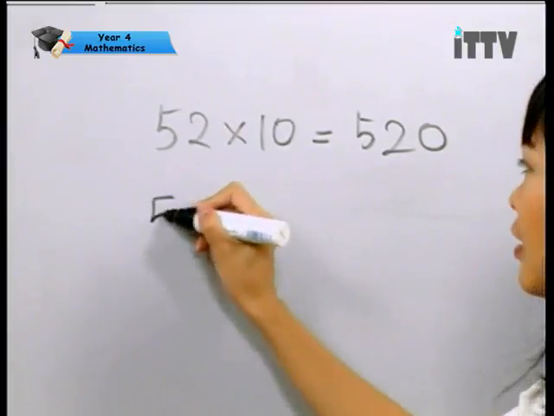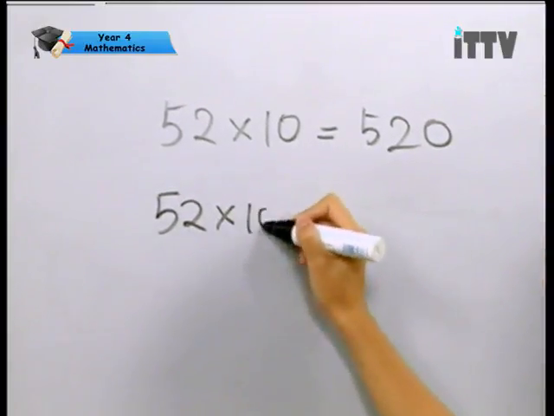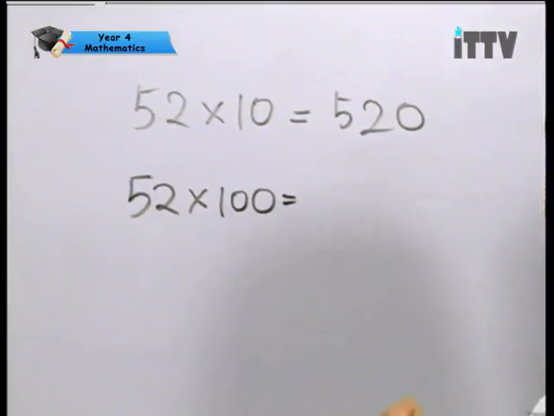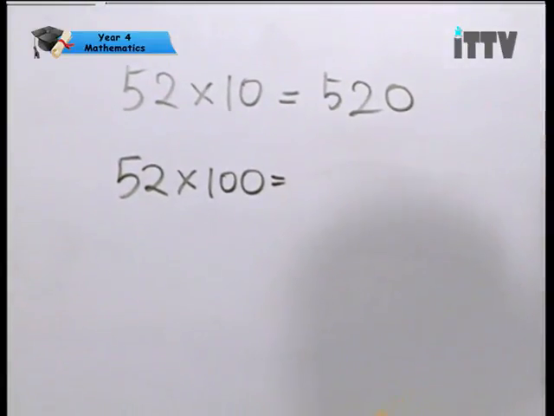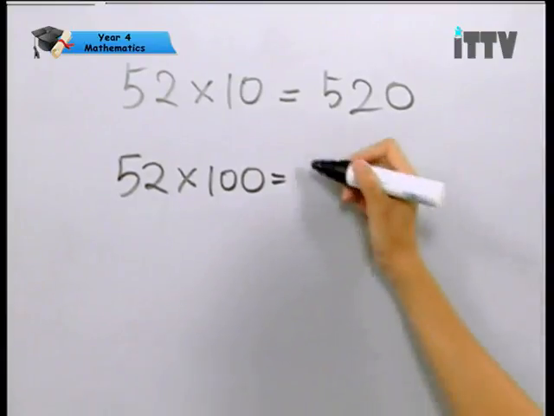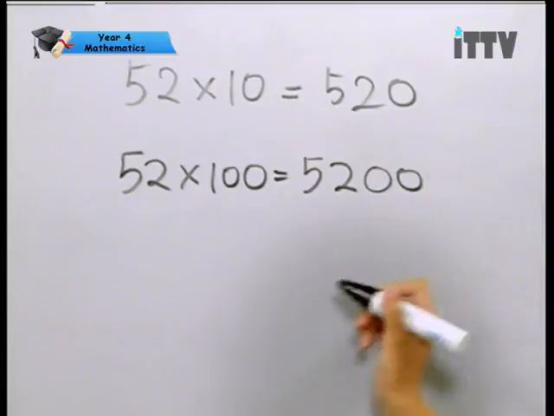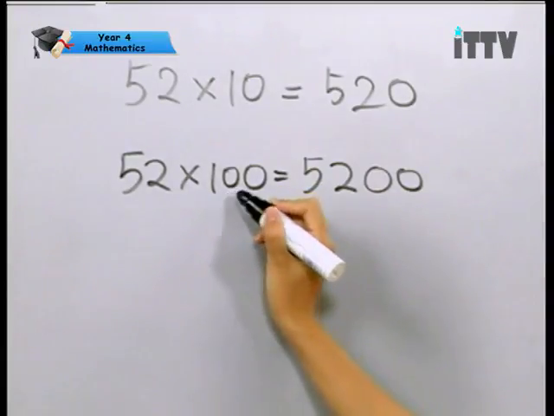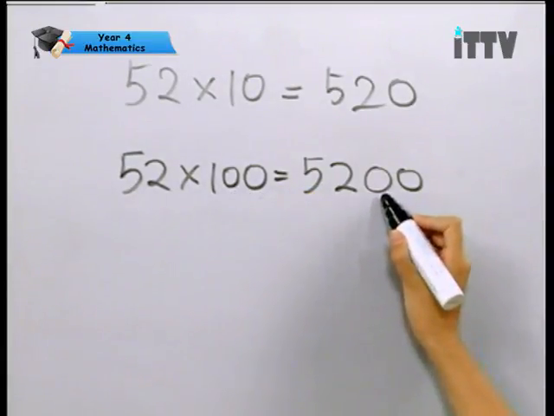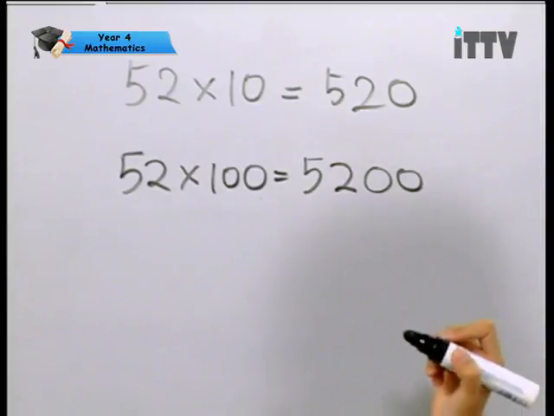Okay? For the next question, 52 times 100, what do you think is the answer? We take the original number and add 2 zeros to the back. See? There are 2 zeros here. 1, 2.